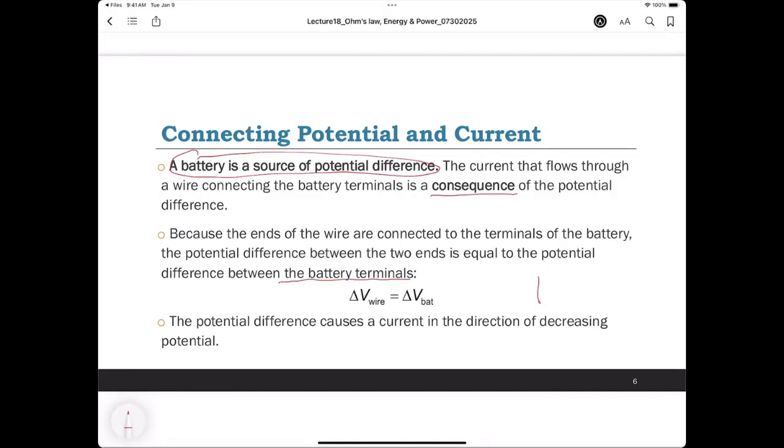For example, here is a battery, this is the positive, this is the negative, and then you use a wire to connect to it.